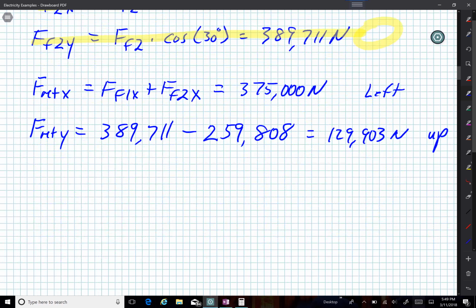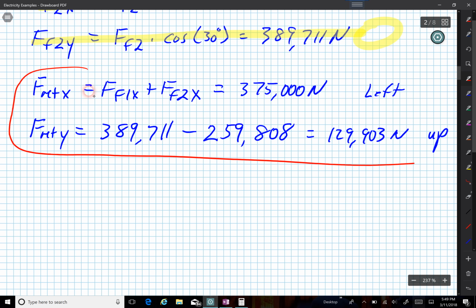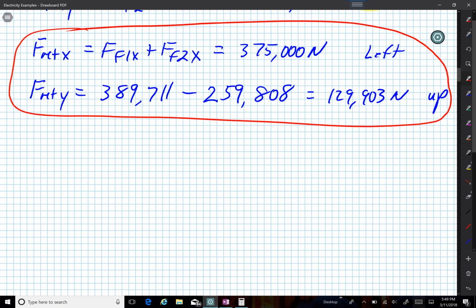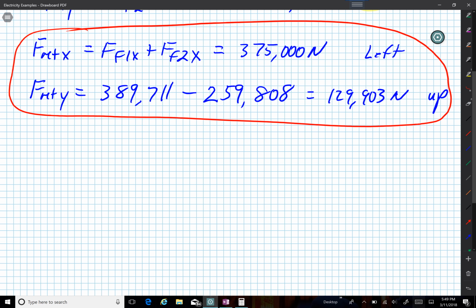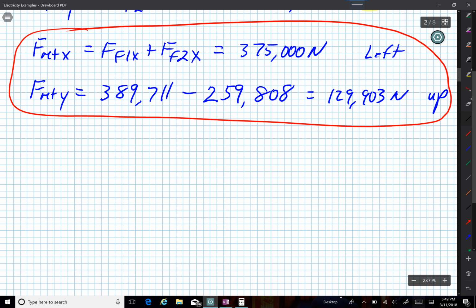So now, this is kind of the summary of everything, right there. So let's make a new diagram, because now I need to add those two vectors together, right? So I'm going to make a vertical axis, a horizontal axis, and I'm going to pick a vector here, and I have left and up.